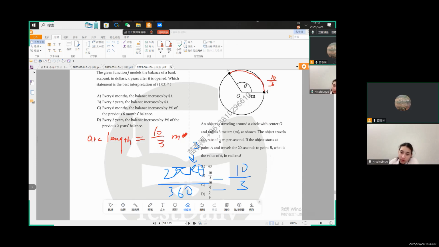Degree or radian? I want it in radian, but now I'm solving for degree. Yes, so in this situation, what you get is a degree theta, right? Yes. So do you also have the formula for radian theta? Yes, but don't I have to solve for degree first before I convert to radian?